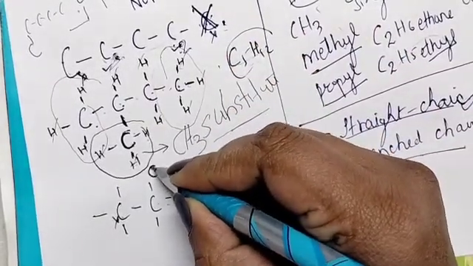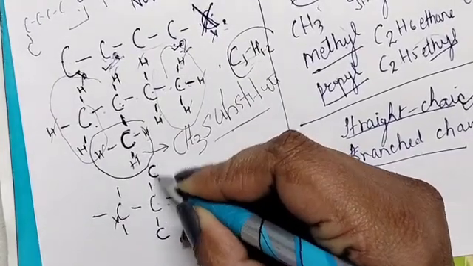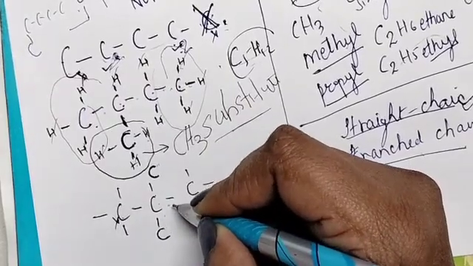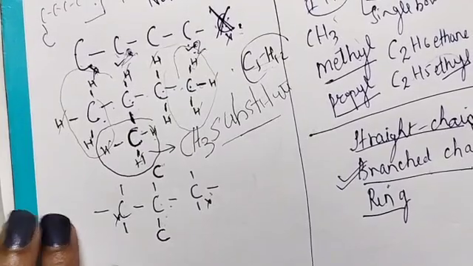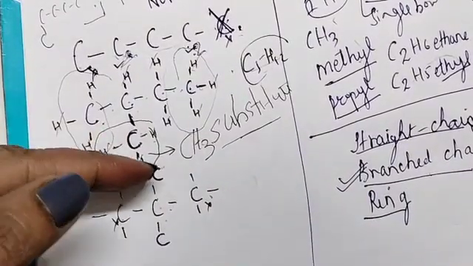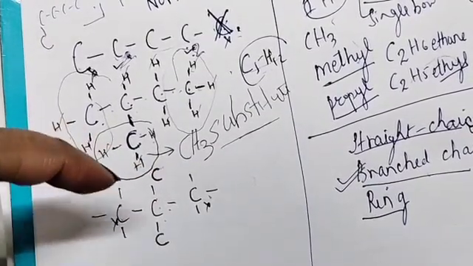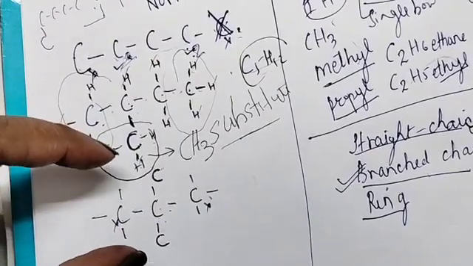I can fix two carbons to this centermost carbon. This carbon can attach to two more carbons, correct? And this property is called catenation, right? This property that we took at the very beginning is called catenation. Carbon can get attached to carbon and like that more number of carbons. This property of carbon helps it to make very long chains which are also stable.